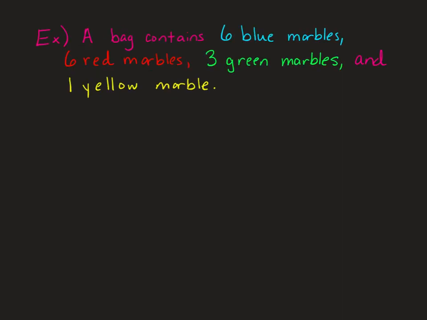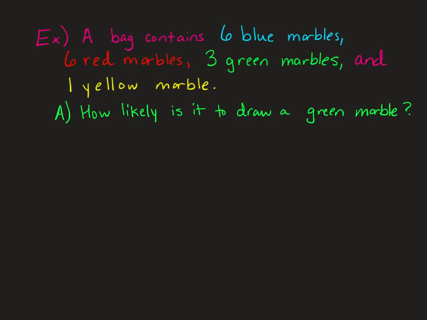In our example, a bag contains 6 blue marbles, 6 red marbles, 3 green marbles, and 1 yellow marble. A part, how likely is it to draw a green marble? Well, we see there's 3 green marbles, and we can tell there is a total of 6 plus 6, which is 12, plus 3, which is 15, plus 1, which is 16 marbles.